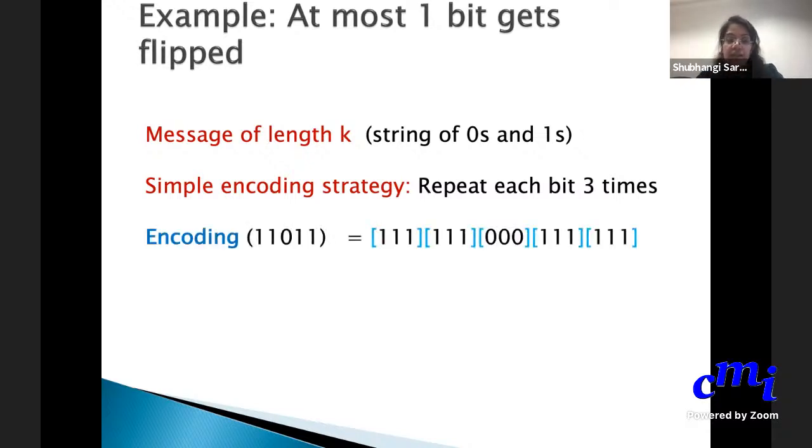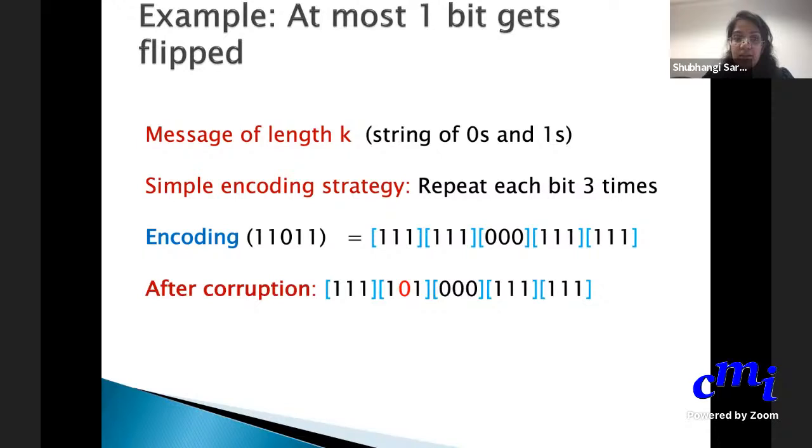For instance, if your data that you wanted to store was 11011, the encoding scheme is you take the first 1 and you write it 3 times. Take the second 1, you write it 3 times. You take the 0, you write it 3 times, and so on and so forth. You triplicate your data. This is the encoding. So when you want to store your data on the DVD, instead store this encoded data.